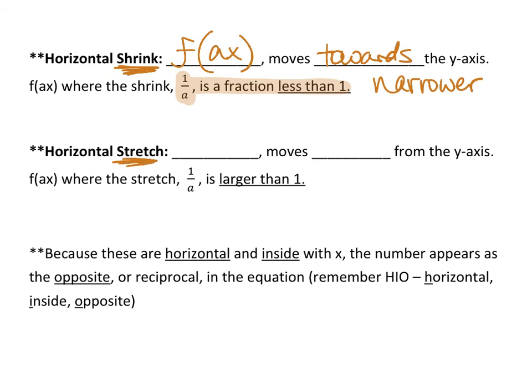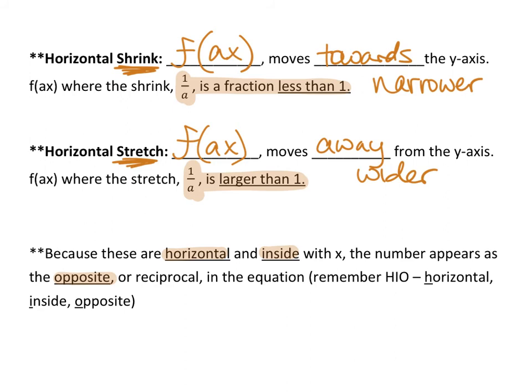A horizontal stretch, same formula, but it moves it away from the y-axis, which again means wider. And this time the fraction is bigger than 1. Because these are horizontal and inside, the number appears opposite, or the reciprocal in the equation. So the opposite number we use, it goes the opposite direction than we think, because stretches get wider and shrinks get narrower, which is opposite of vertical.